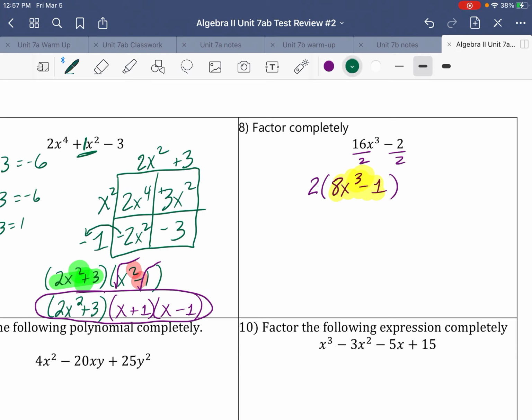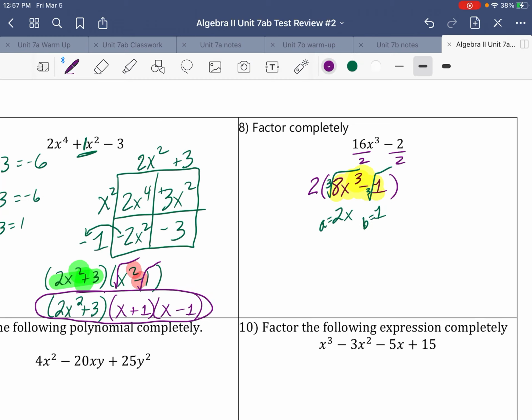So we should think, can we cube root the first term? Yes, that's 2x. Can we cube root the second term? Yes, that's 1. Cube root just means, what are 3 of those that multiply to whatever you're cube rooting? So 2x times 2x times 2x does equal 8x to the 3rd. 1 times 1 times 1 does equal 1.